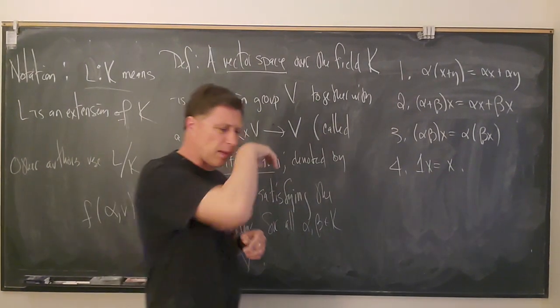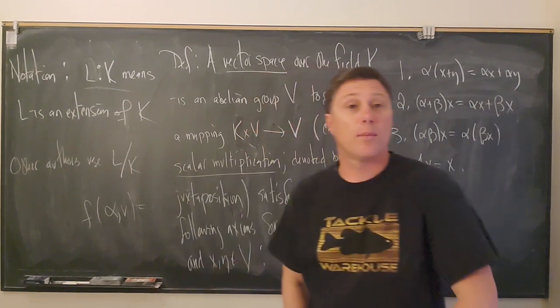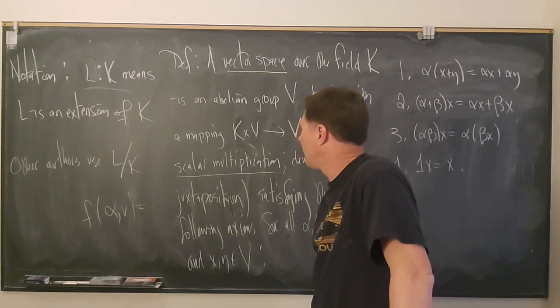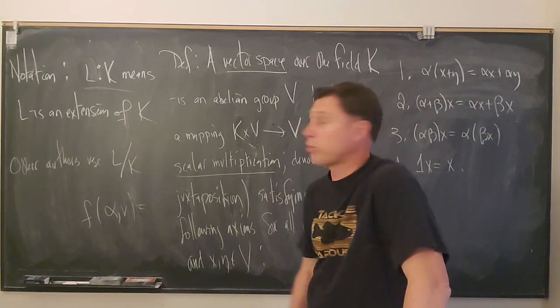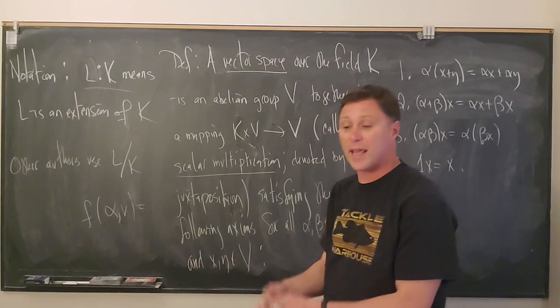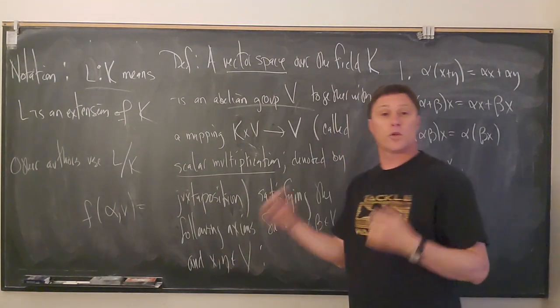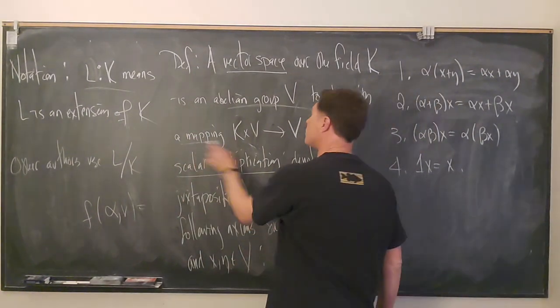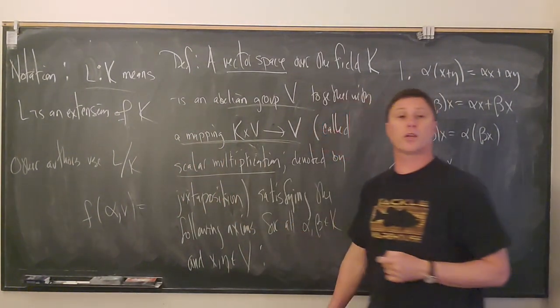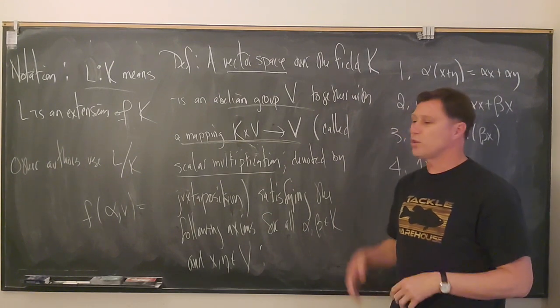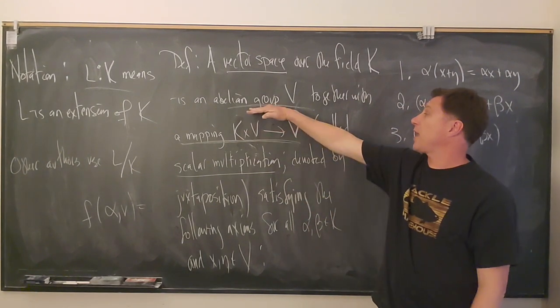If you think back to what those axioms were when you learned in Math 206, there were two closure properties, to be closed under addition and scalar multiplication. Well, when we say abelian group, that means it's closed under addition. And when we say a function right there, that's saying it's closed under scalar multiplication. You get some of the axioms from the axioms of an abelian group.